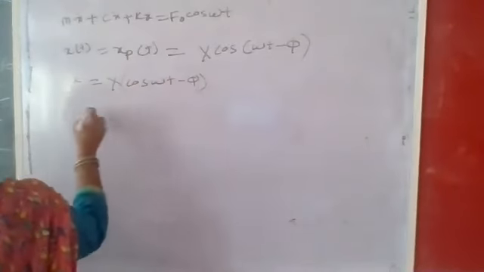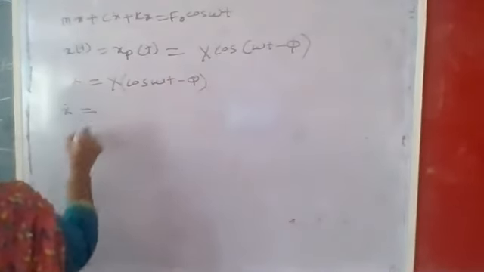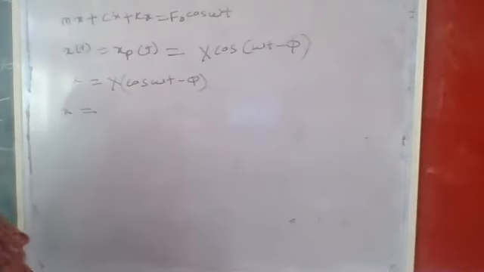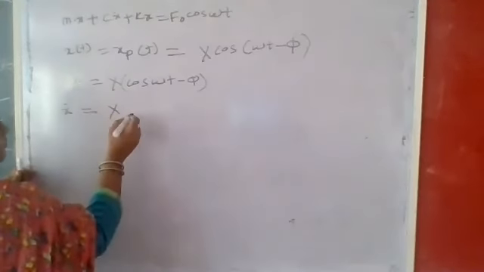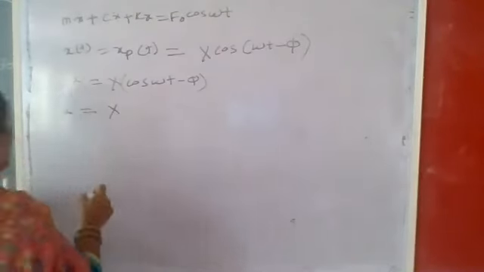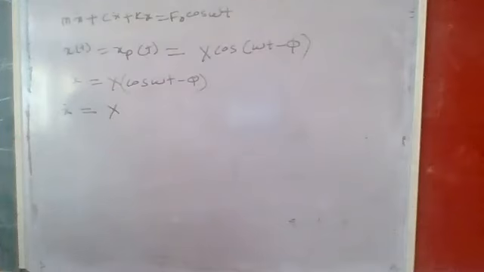By putting this value in the equation, we have to take the first derivative. What is the derivative everywhere? x dot is equal to X into the derivative of cos. What is the derivative of cos?